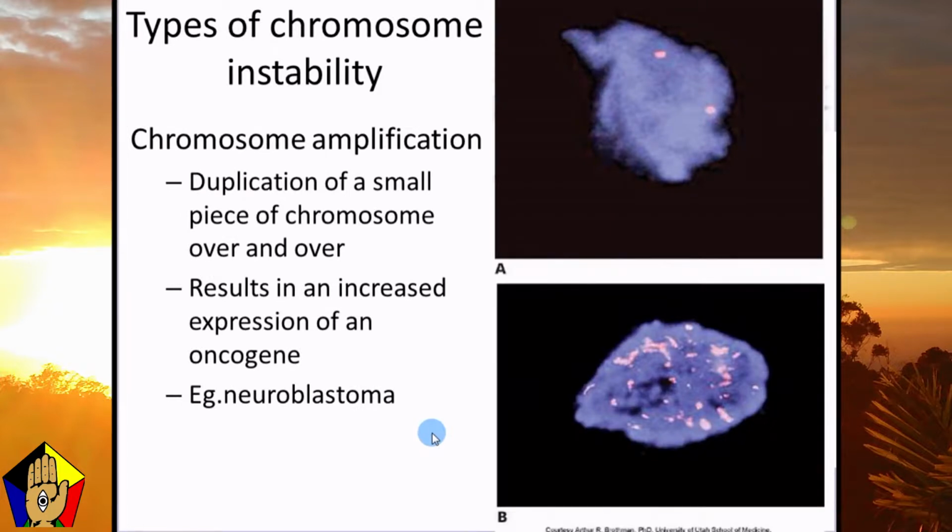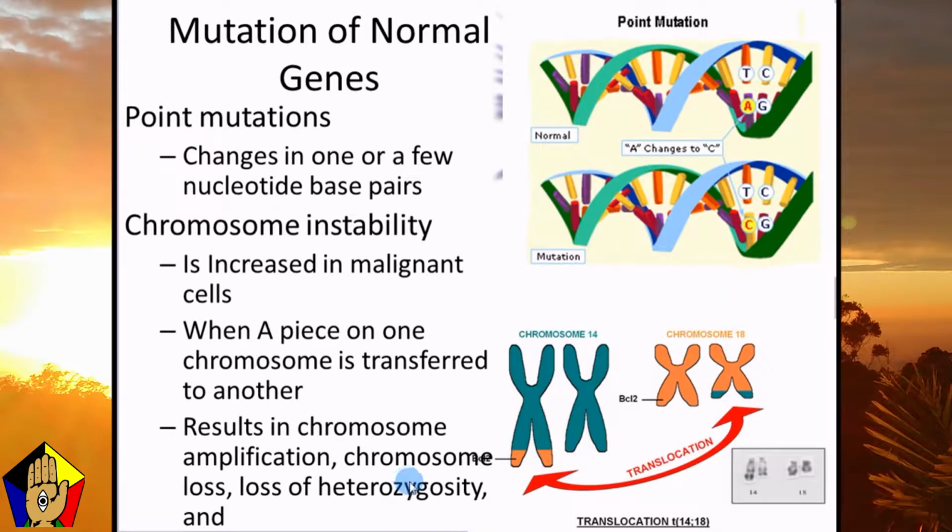The first one, chromosome amplification, tells you exactly what it is. A piece of a chromosome gets broken off, it gets put in the wrong place, and it's actually amplified. For instance, on this last slide, I'll go back to it real quick. If I broke off a piece of this chromosome and accidentally glued it on right here, every time this gene on the solid piece of chromosome gets turned on, it turns on the broken piece too.